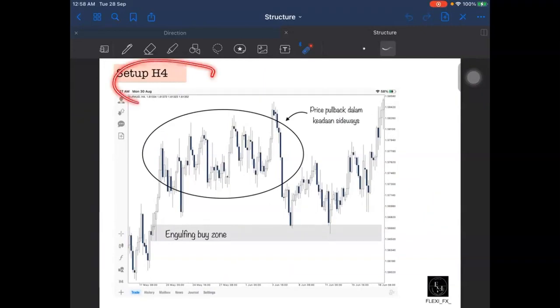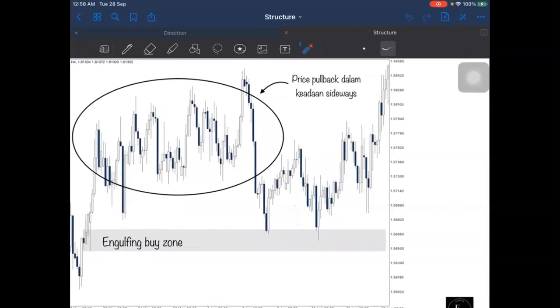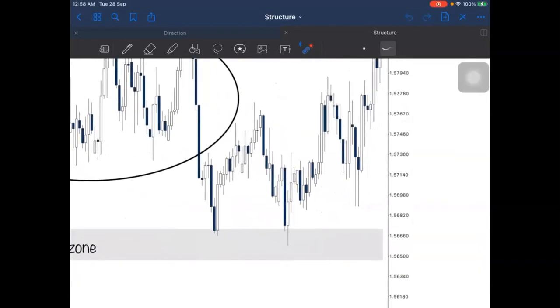Now let's see another example, set up H4. See, the structure is everywhere. See, engulfing buy, price pulls back by sideways, and it forms another engulfing buy over here, as you can see, and it gives you a second chance. You see, engulfing buy, pulls back by sideways. Here, actually, in lower time frame we will have engulfing buy.